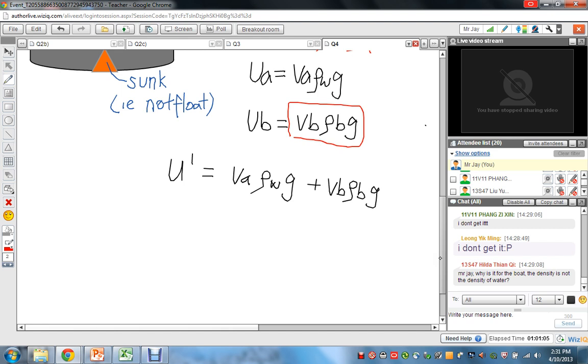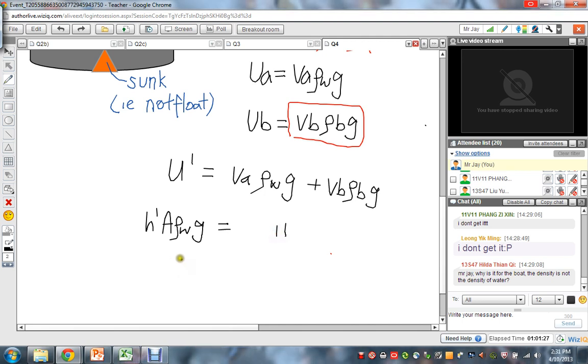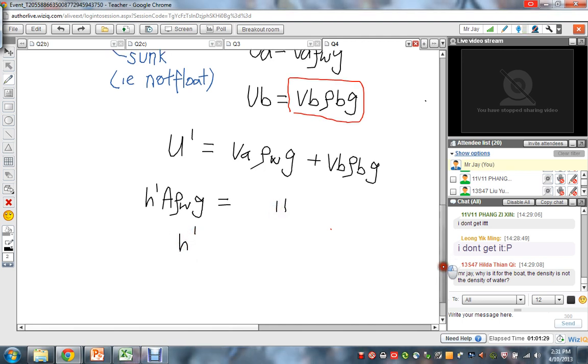U prime is the new upthrust. The new upthrust is nothing but H prime times the base area times the density of water times g. And the right hand side is whatever is above there. So I make H prime the subject.